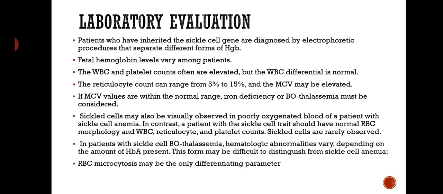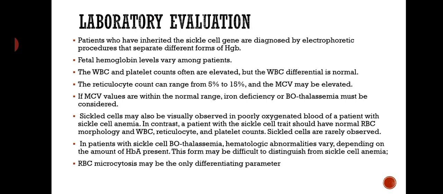Laboratory evaluation: people who have inherited the sickle cell gene are diagnosed by electrophoretic procedures that separate the different forms of hemoglobin. Fetal hemoglobin levels vary among patients. The WBC and platelet counts are often elevated, but the WBC differential is normal.